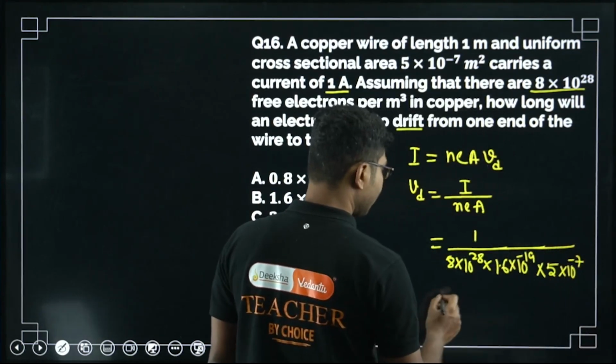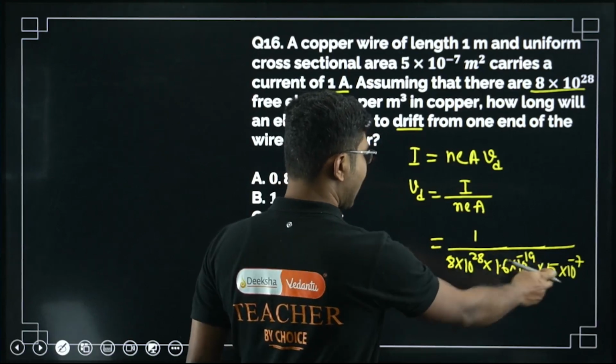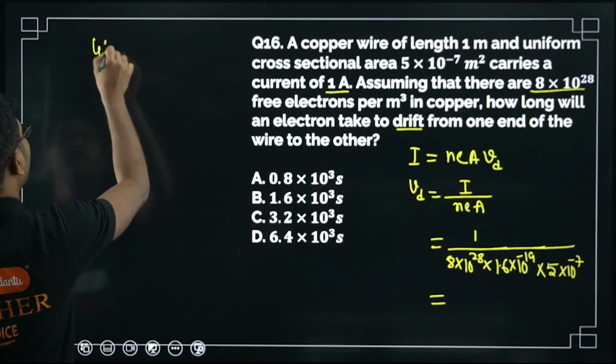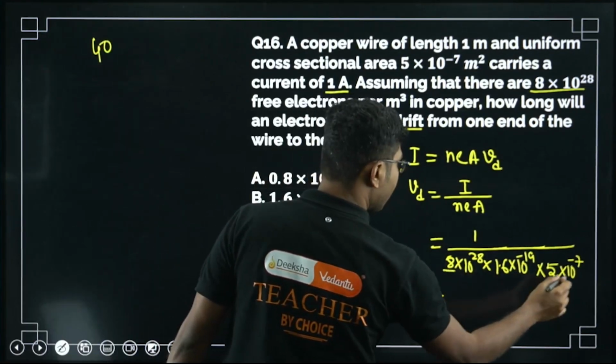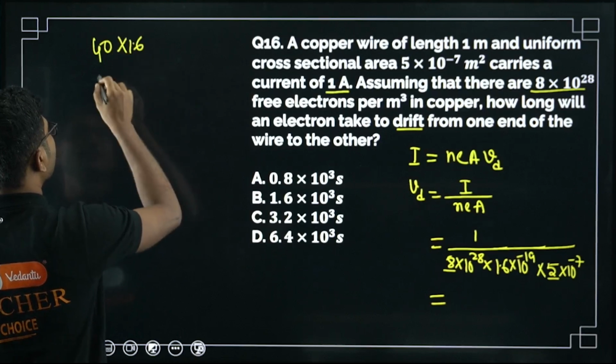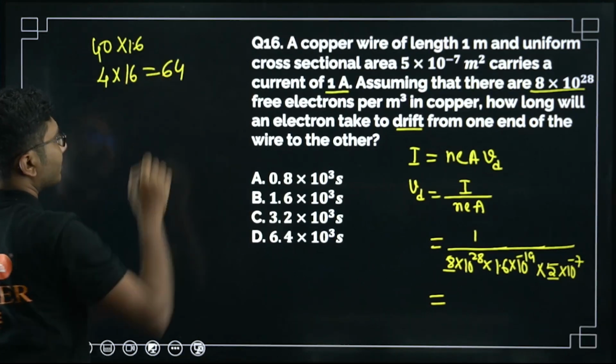Now let's do the multiplication. 5 8s are 40. Then 40 times 1.6, so you can say 4 times 16, that is 64.